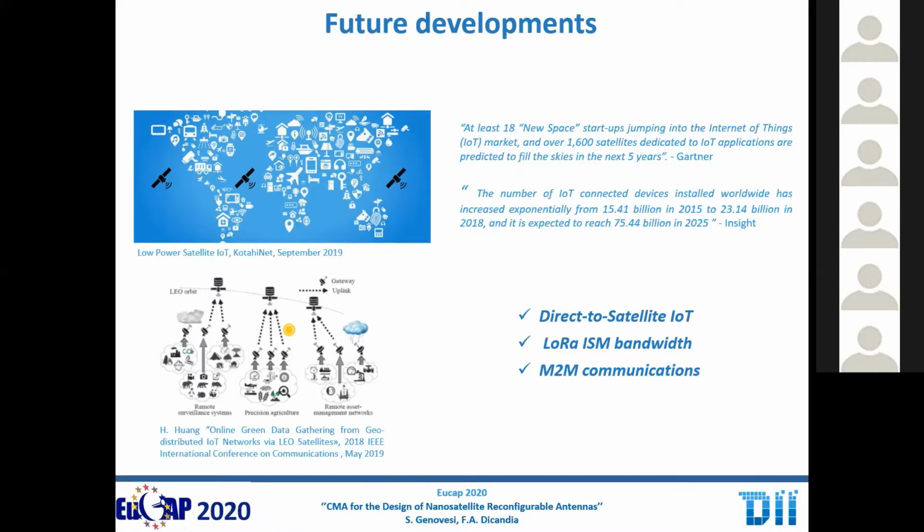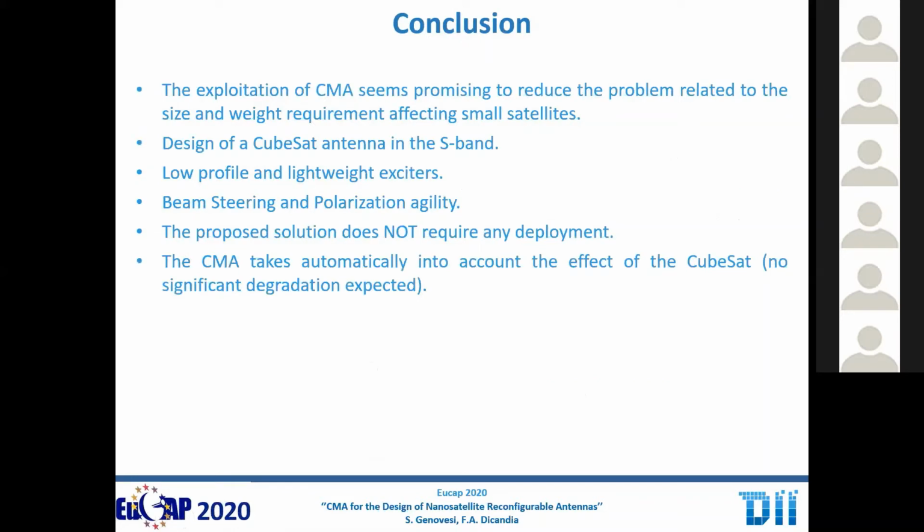And so I think in the end, what we proved with this work is that characteristic mode analysis can really help in finding a really effective new solution for a small satellite, especially good in terms of low profile and lightweight. This particular solution, I think, is also the one, to my knowledge, that is able to steer the beam with circular polarization agility.